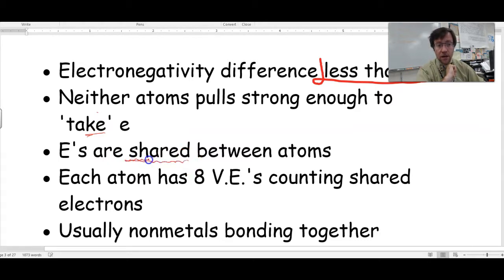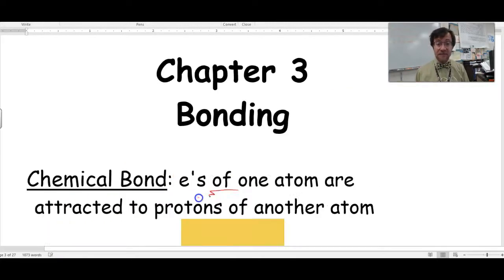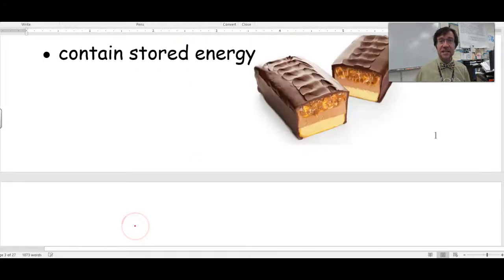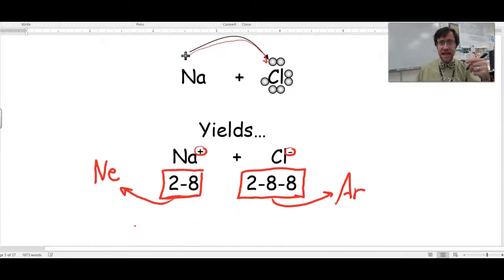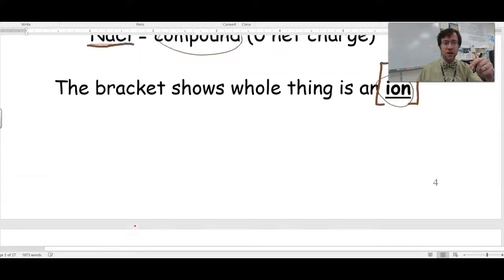That's the thing about covalent bonds, is that they are shared. Now, if there's one electron that's being shared, it counts on both atoms because it literally lives in both orbitals at the same time. And they will share so that each atom has 8 valence electrons, including the ones that are shared. That's an important part to remember, that it has to be including the parts that are shared.